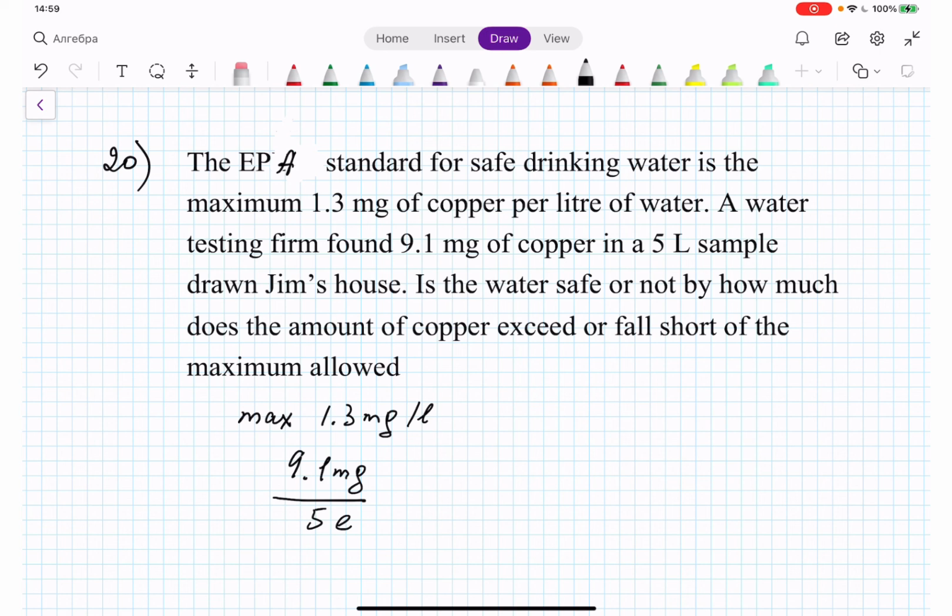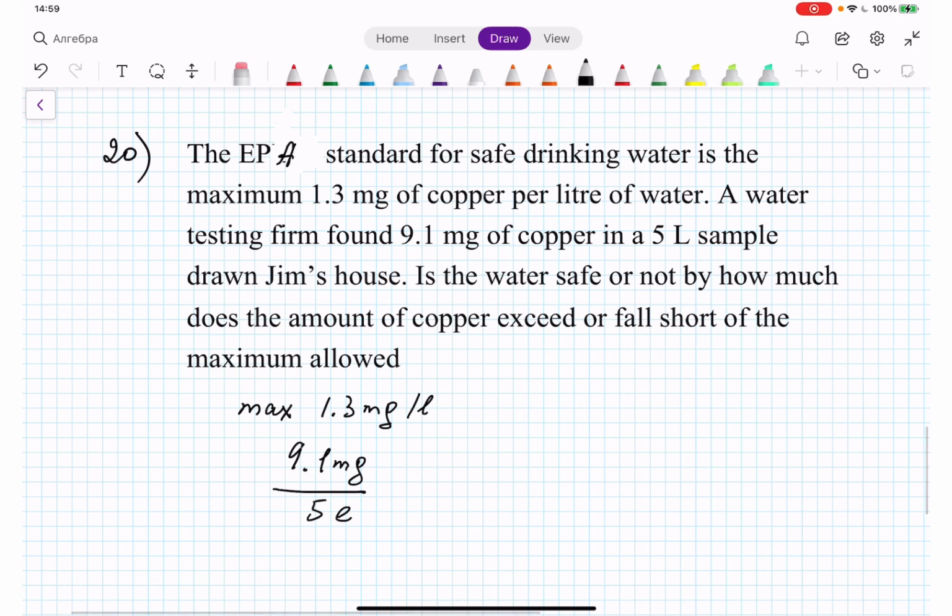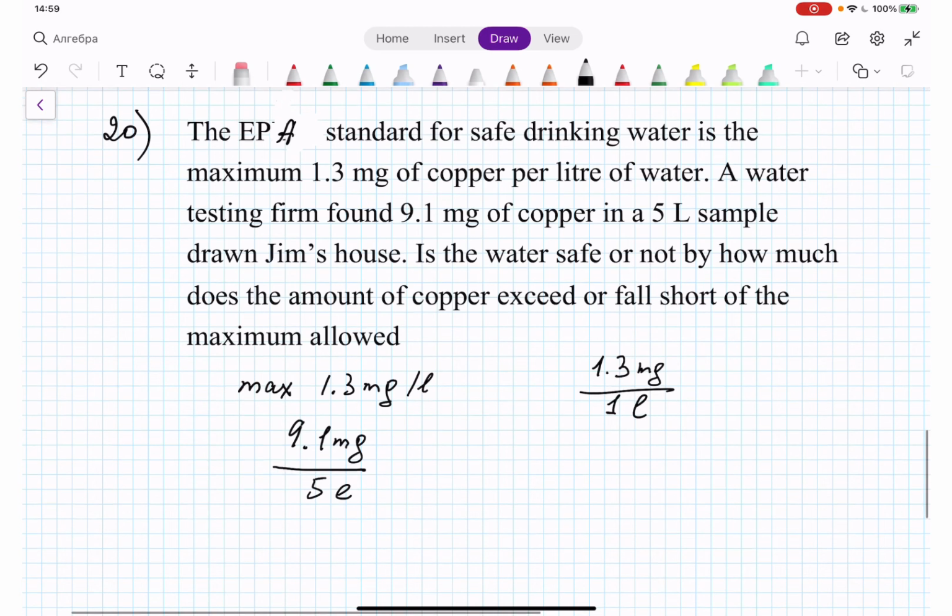Is the water safe or not? And if not, by how much? First of all, the maximum has to be 1.3 milligrams per 1 liter, right? Instead, we have 9.1 milligrams per 5 liters.